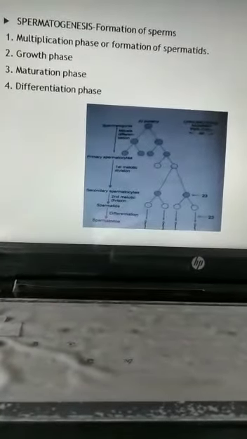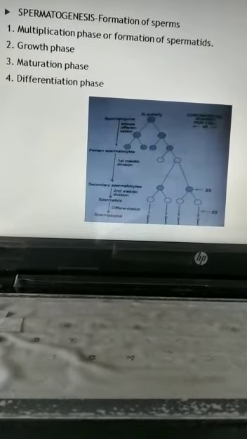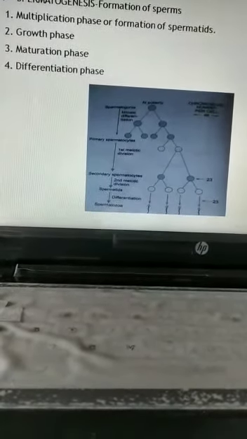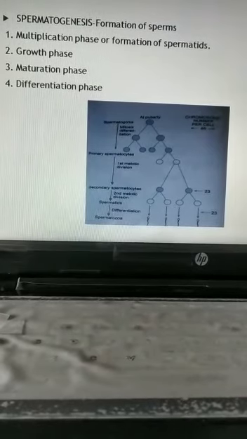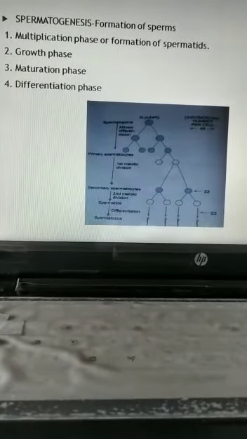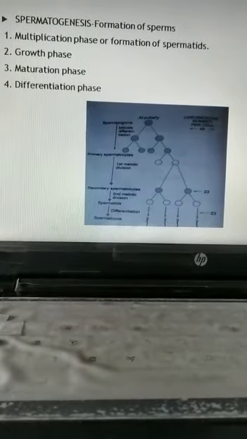Spermatogenesis is the process of formation of sperms from diploid spermatogonia. It includes 4 phases: multiplication phase or formation of spermatids, second growth phase, third maturation phase, and fourth differentiation phase.